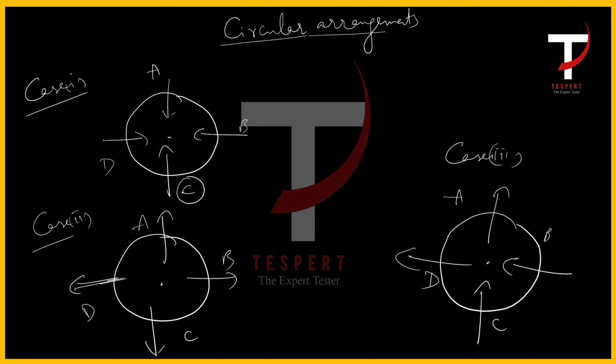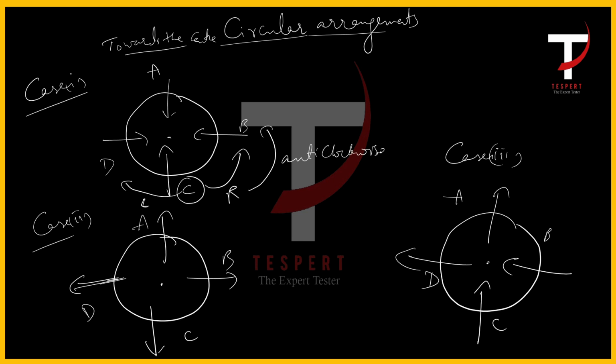Immediate left, D is immediate left to C, and B is immediate right to C. So in case 1 where all are towards the center, the right side is in the anti-clockwise direction, whereas the left side is the clockwise direction.